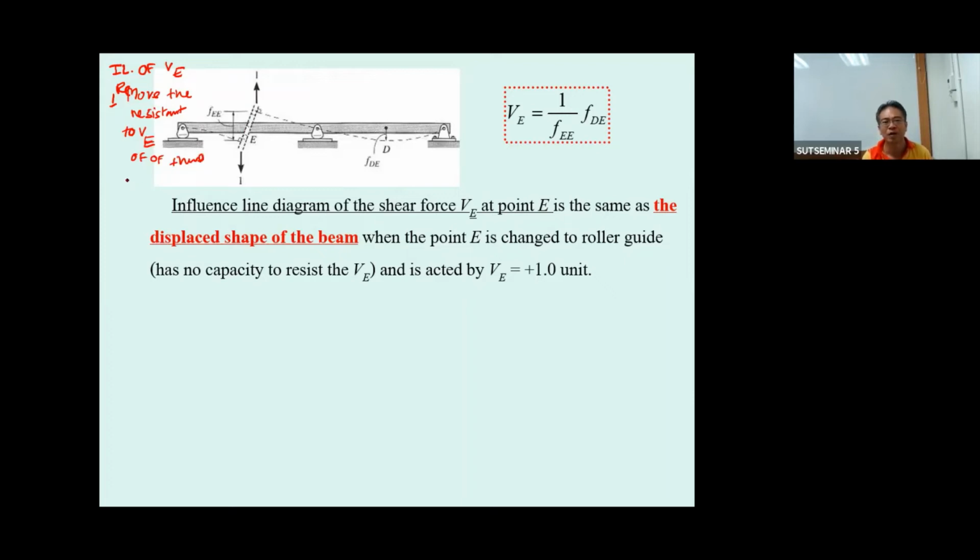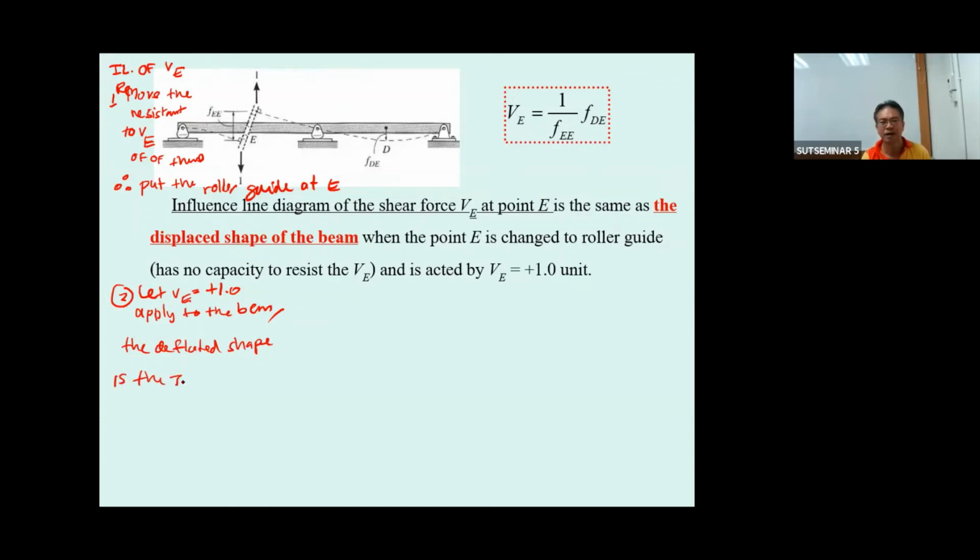We do that by putting a roller guide at E. Second, let V sub E equal positive 1.0 applied to the beam. When it is applied to the beam, what we have is the deflected shape. The deflected shape is the influence line of V sub E.